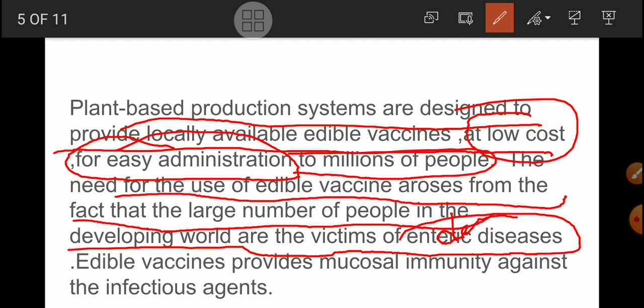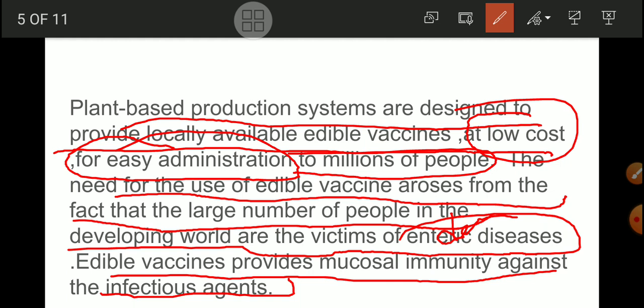So, to avoid all these things, it is possible to develop vaccines through plants. Edible vaccines provide mucosal immunity against infectious agents. We know that most of the time a pathogen multiplies in the mucosa, isn't it? And that can be avoided by having the vaccine-producing edible parts of the plant.